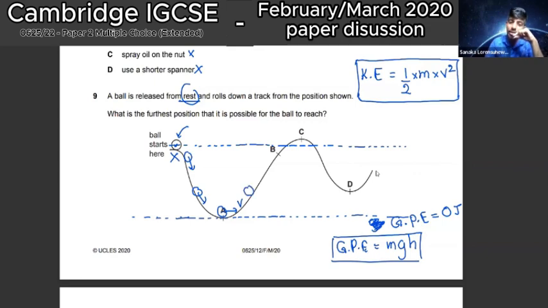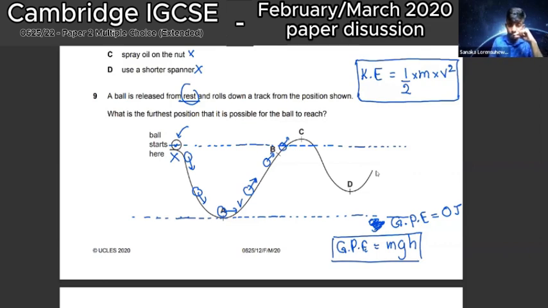Then the ball is moving up the hill. It can pass B, but it cannot pass C. Why can it not pass C?